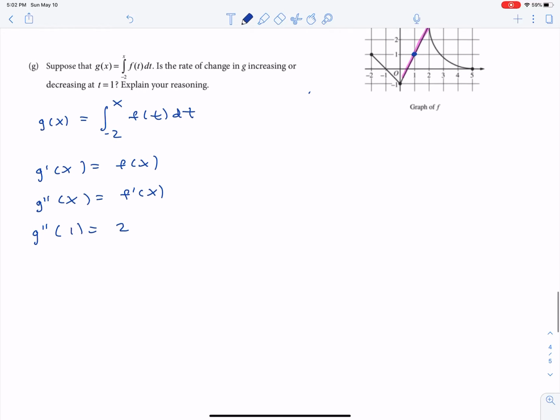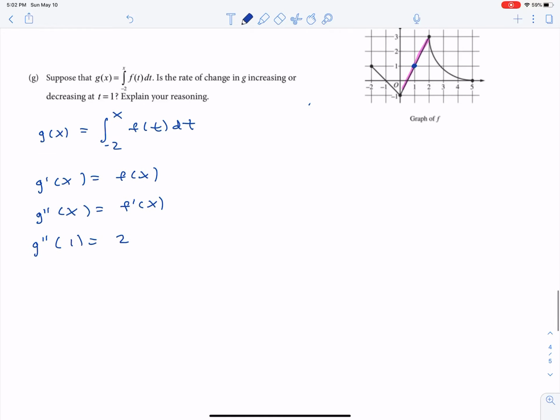So putting that all together, I'm going to say, let's see how I say this. Since, how am I going to say this? I'm trying to put this together in some way that actually makes sense.